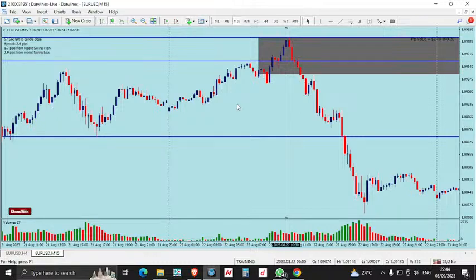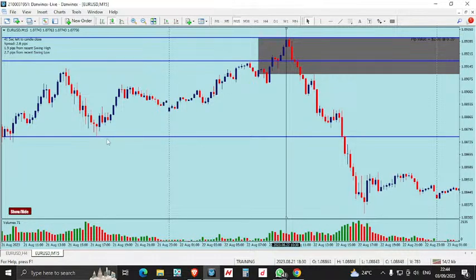If you are trading with, let's say, 0.1, this is about $13 loss if it goes against you. Then if you add up the spread or commission, about $14. You are risking about $14. So let's check the swing low here.